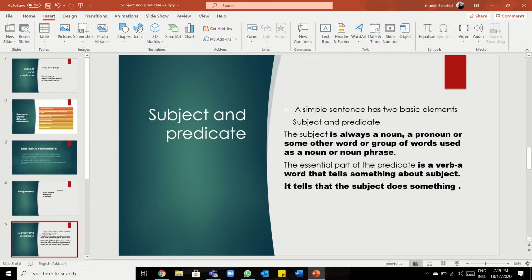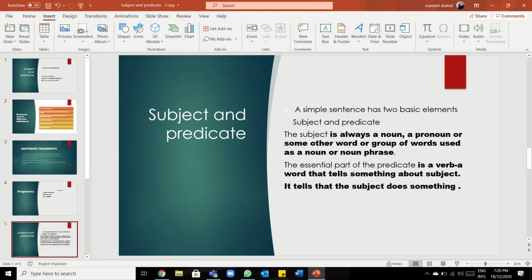So we are now going to discuss again what the important segments a sentence has. They are subject and predicate. A simple sentence has two basic elements: one of them is subject and the other is predicate.